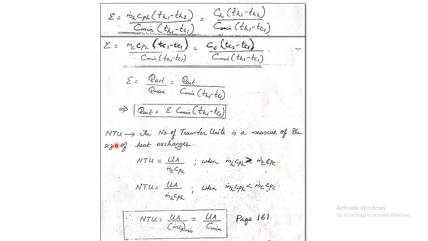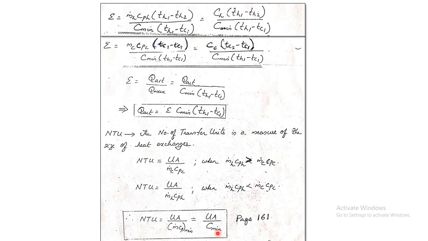Now NTU, the other term in the effectiveness-NTU method. NTU is another dimensionless parameter, which is a measure of the size of the heat exchanger. This is the equation for NTU: UA by C minimum. You can find this equation in the data book, page number 161.